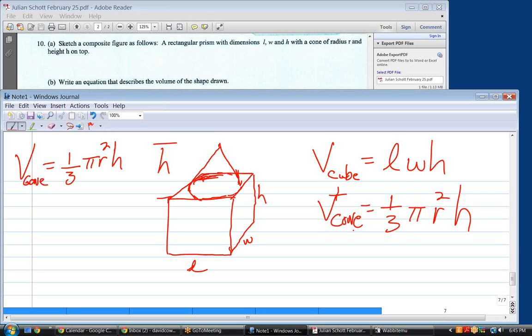What is r relative to L? Yeah, so the volume of the cone is actually 1/3 pi times half L squared times h.